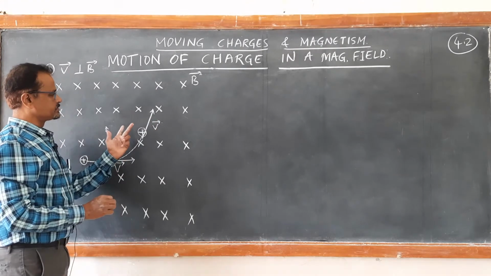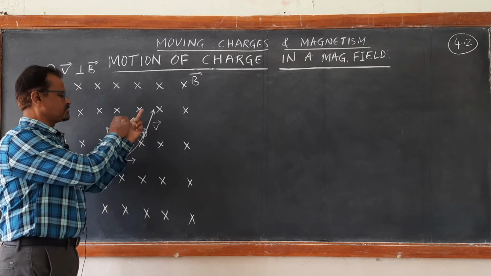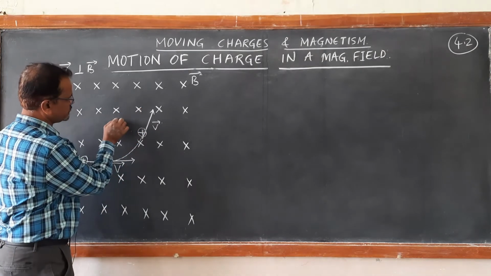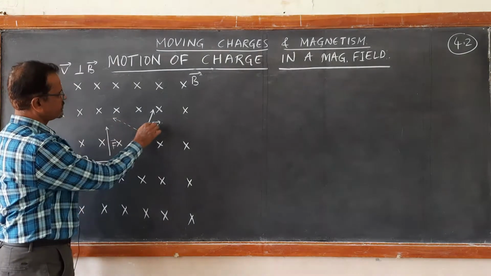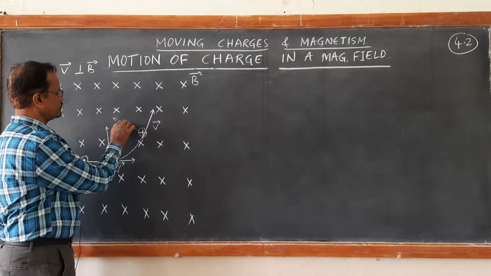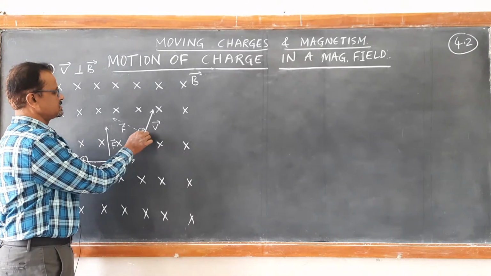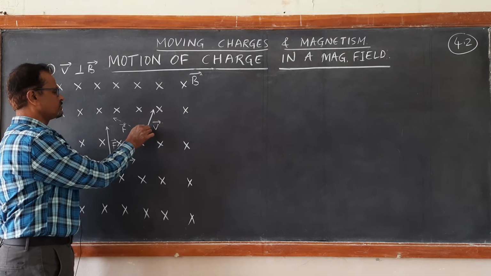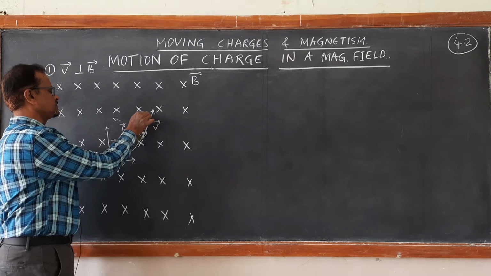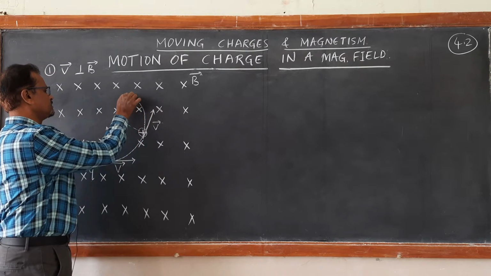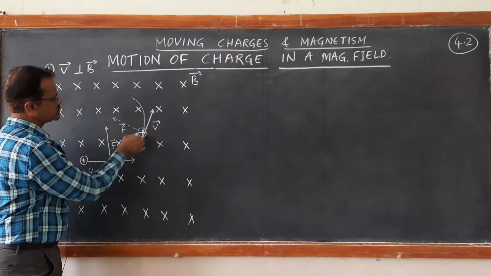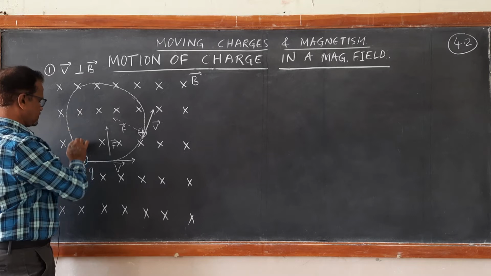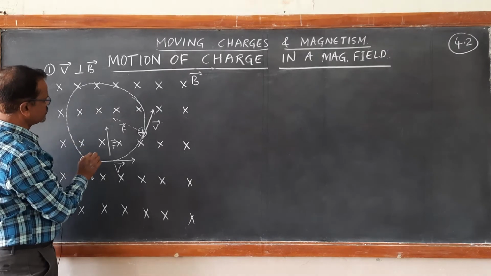Again, if you apply Lorentz force, it experiences a sideway force, perpendicular to this velocity vector, and this gives you the direction of force. As a result, this particle deviates further, undergoes deflection. In this way, it almost undergoes a circular path, and then it completes a circular motion like this.